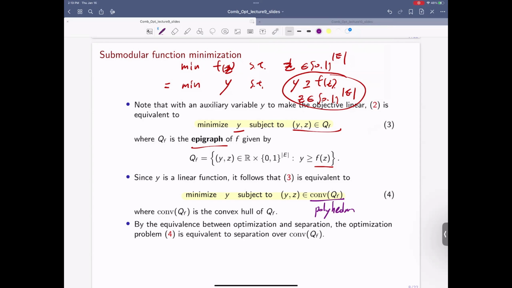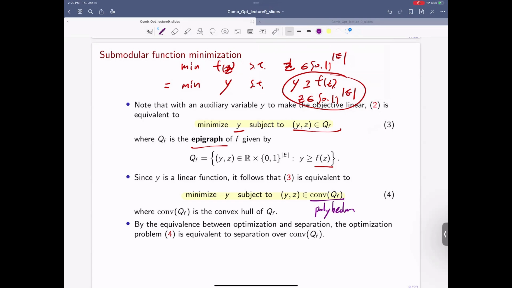So although your function f is nonlinear, this convex hull is a polyhedron. This problem 4 is a linear program.